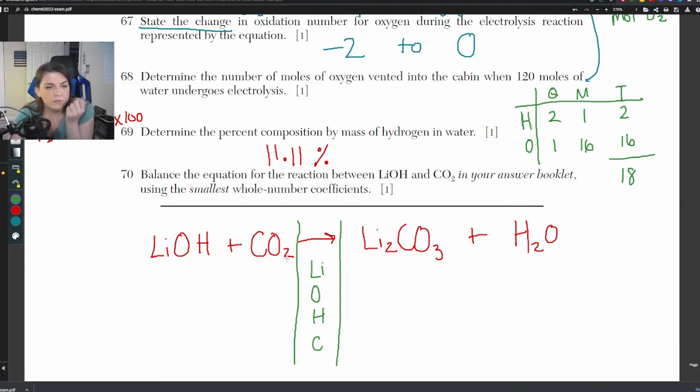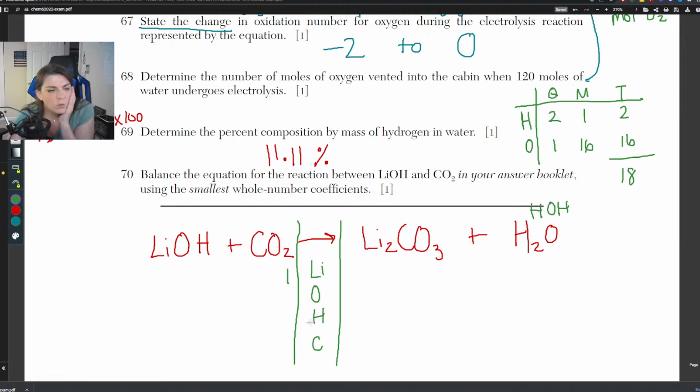A lot of the time, when I have a poly, I like to hold it together, but I don't know if that lithium hydroxide is breaking apart. Like, I don't know if the O is separating from the H and the poly is breaking, or if they're staying together and water is HOH. So because I'm unsure, I'm going to leave them together.